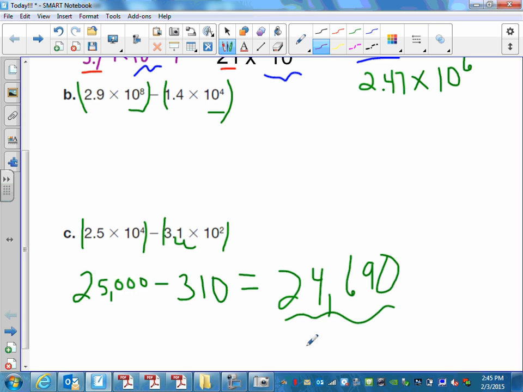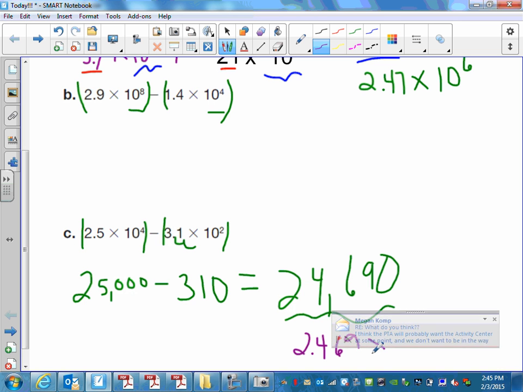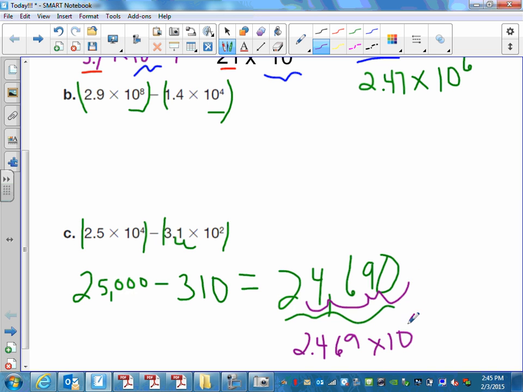So then your mantissa, however you want to say it, would be 2.469 times 10 to the 1, 2, 3, 4. So what I needed you to see was you don't just take this 4 and this 2 and subtract them and you get 10 to the 2.